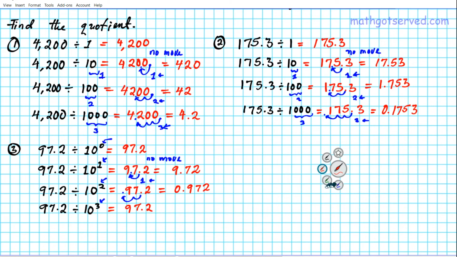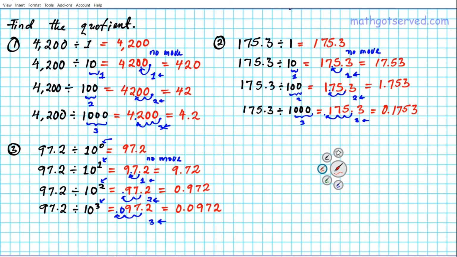The previous one was 2 to the left. For this one, there are 3 zeros, so we're going to go 1, 2, 3. So we have to insert a placeholder here. Bam. So this is 3 places to the left to generate our final result. So our answer for this problem is 0.0972. There you have it.